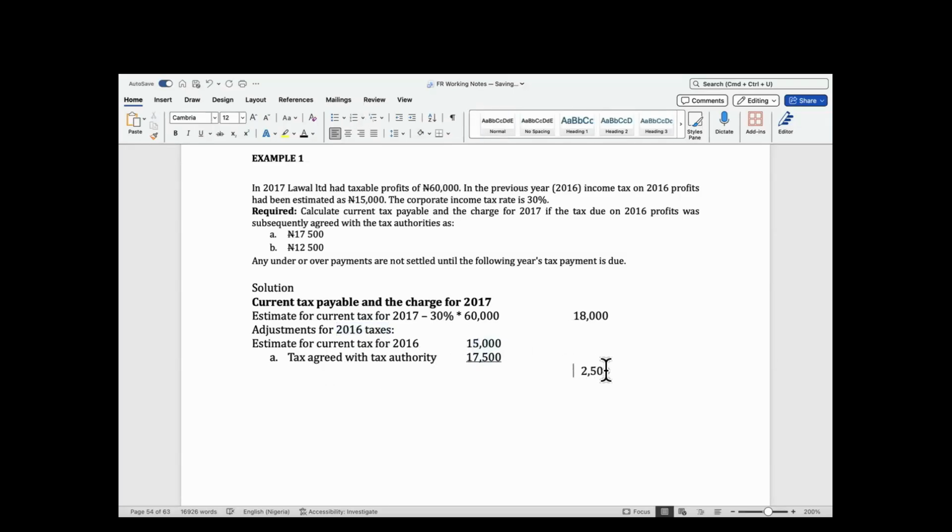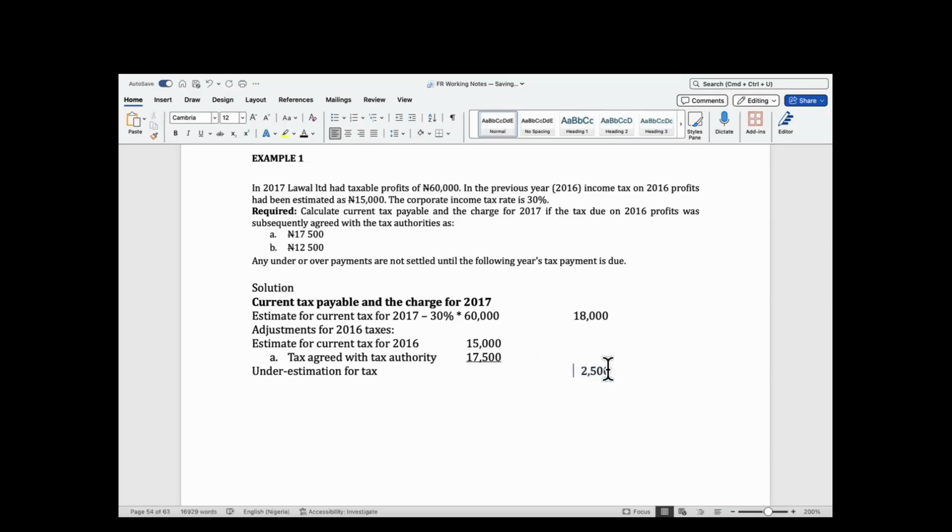So can somebody tell me what name I said we call this tax? Underestimation. Because we had underestimated for tax. That's the name we call this.